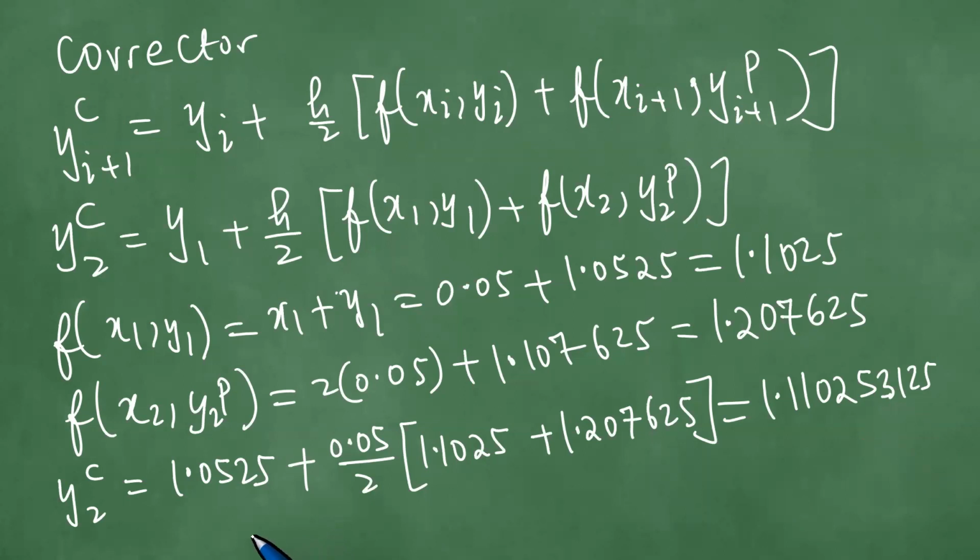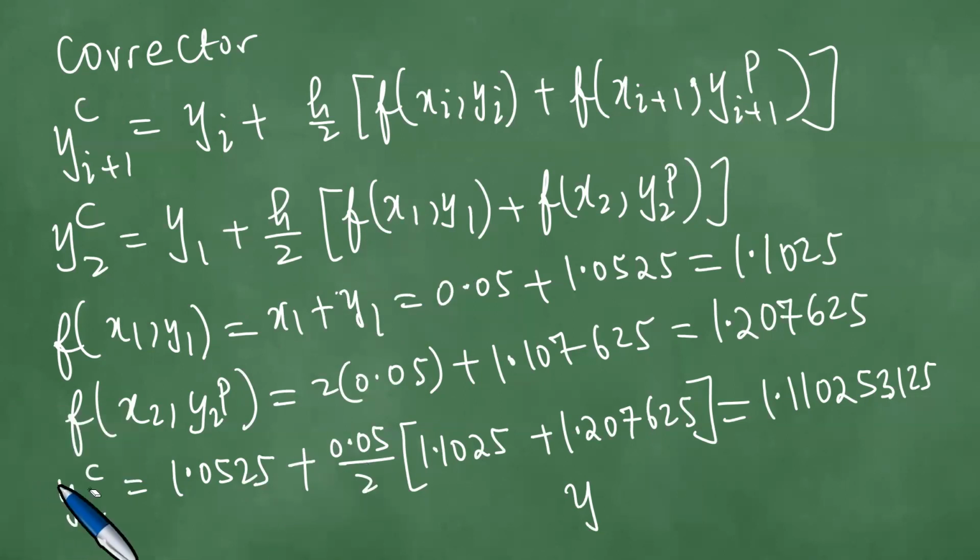Now we have this, but this here is not yet the answer. Why? Because this y here is a y that depends mostly on x1.